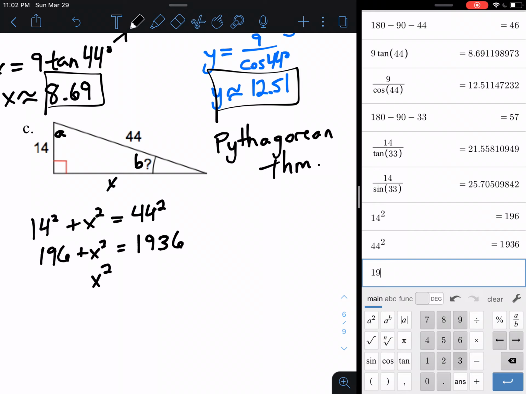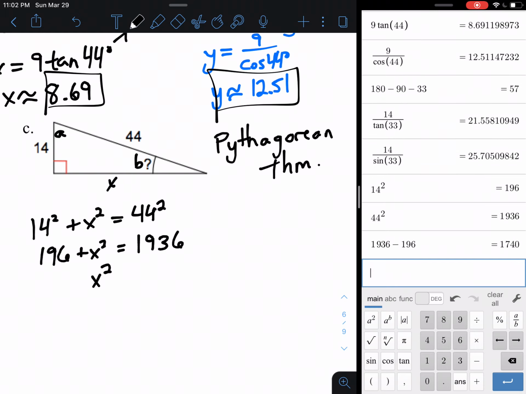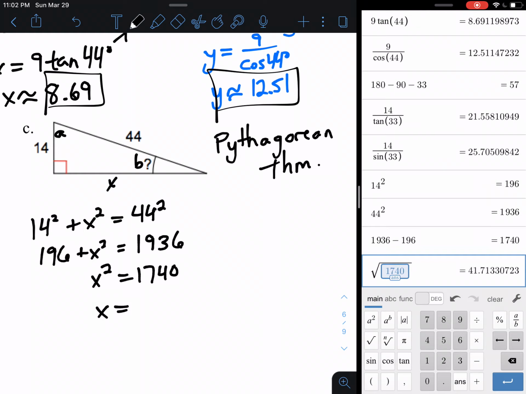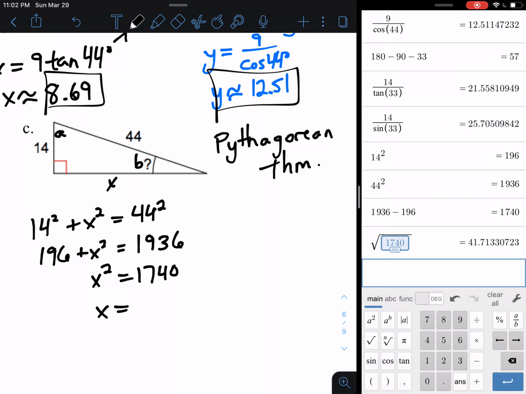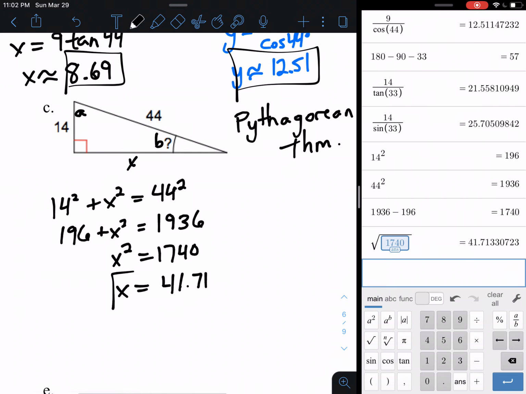So 1,936 minus 196 is 1,740. And then to get x by itself, we'll take the square root of our answer, which is 41.71. Okay. So that gets us our missing side. So that's one of our answers.